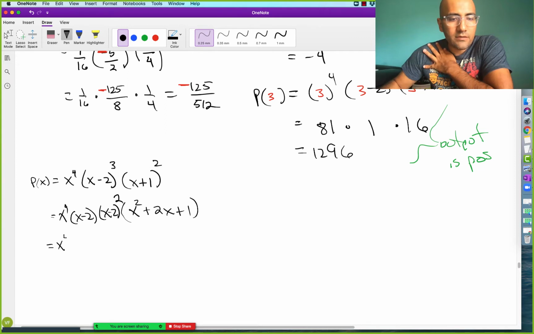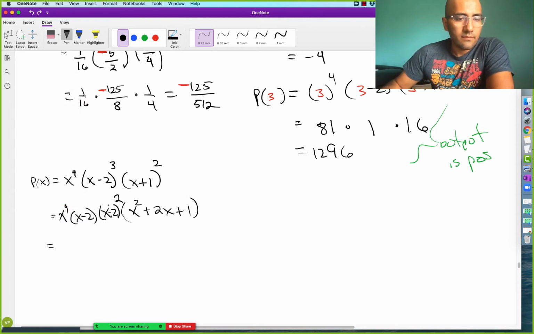We know how to expand that. So this will be x to the 4th power. Let me go ahead and expand this. This distributes easily into there. I'm distributing this into here and this into here. So I'll end up with x to the 5th power minus 2x to the 4th power.